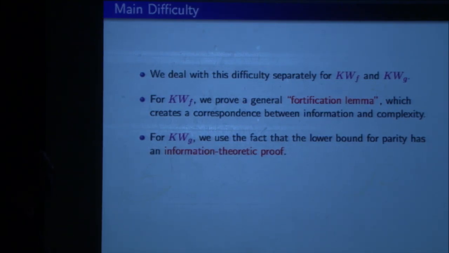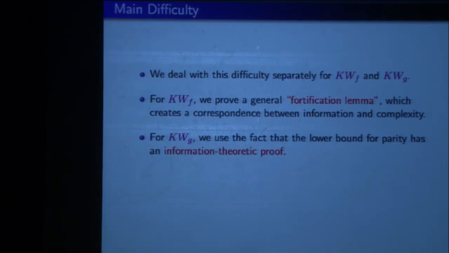For g, we use the fact that one of the lower bound proofs for parity is actually based on an information theoretic argument, not one that is as clean as in the case of universal relations, but still a very clean information theoretic argument.